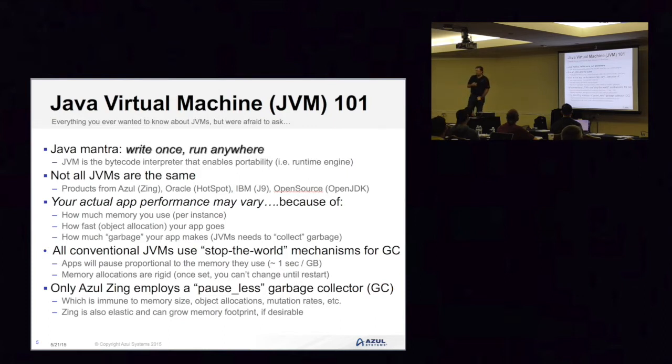So the Azul Zing JVM is based on, as its very first principle, taking away pauses, by taking advantage of multiple cores on boxes. You can't buy a server today that's not multiple core, I don't think. And most of our customers are buying at least dual socket, 8 to 15 cores per die, and often much larger.